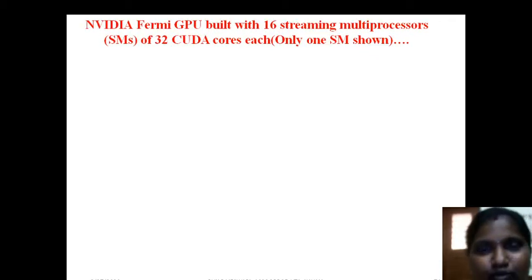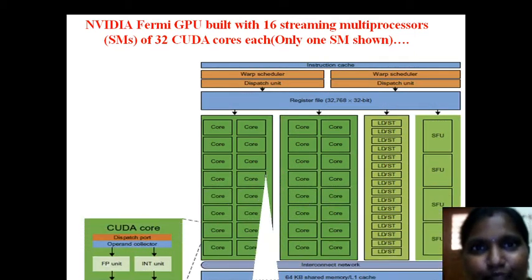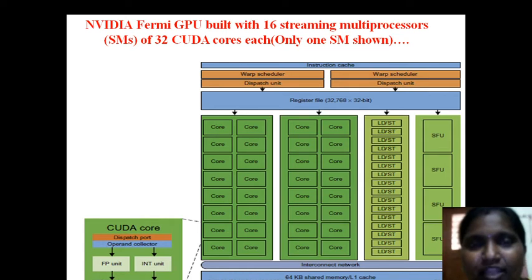Okay. So in the last class we learned about the NVIDIA Fermi GPU, that is graphical processing unit. What is the main purpose of a graphical processing unit? To perform a large number of operations at a time. How can you do that? By using multiprocessing. How can you do multiprocessing?